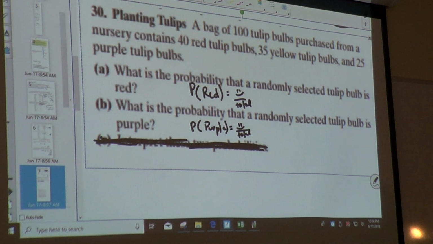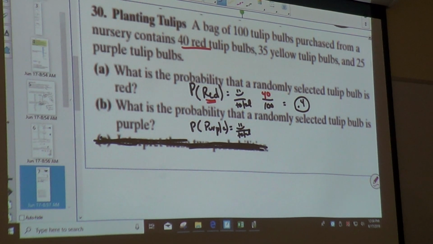What is the probability that a randomly selected tulip is red? How many make me happy? 40, because I'm looking for red. And how many total are there? 100. So what's my decimal answer going to be? 0.4.